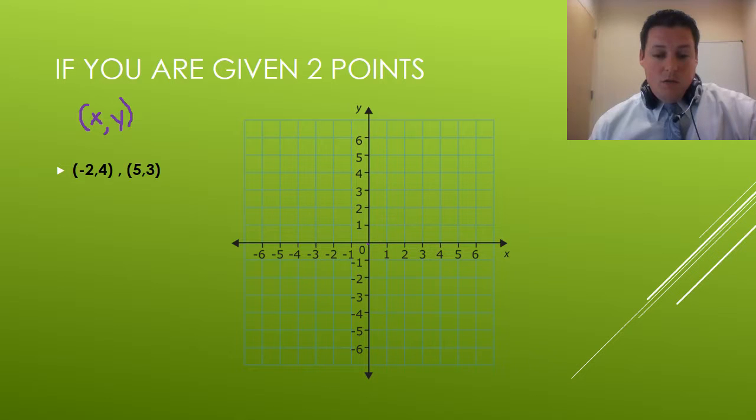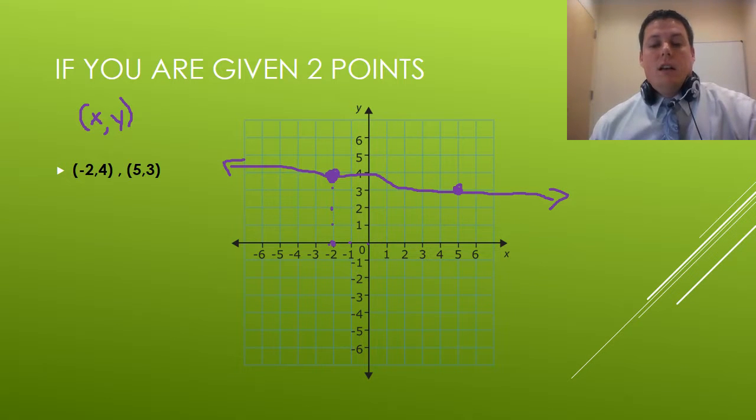So we want to go to -2 in the x direction and 4 in the y direction. There's our point. And then 5, 3. Here's our second point. Now that I have 2 points, I can draw a line that is supposed to be straight, and that is our graph of a line.